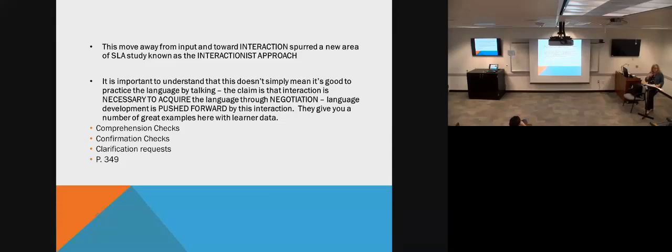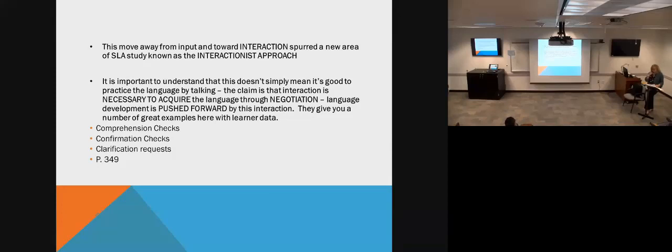So this is actually called the let it pass principle in ELF, in English as a lingua franca. So what we know after looking at a lot of English as a lingua franca interactions, that two non-native speakers will let a lot of things go before they start pushing it. They will assume that they can understand it eventually without having to stop all the time.